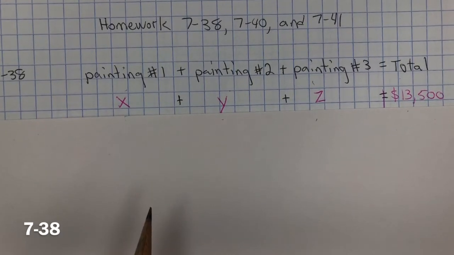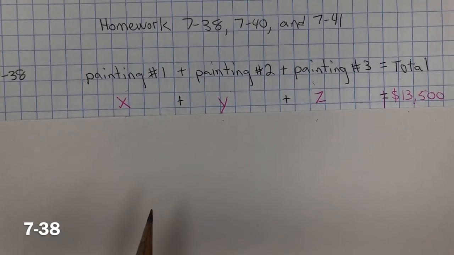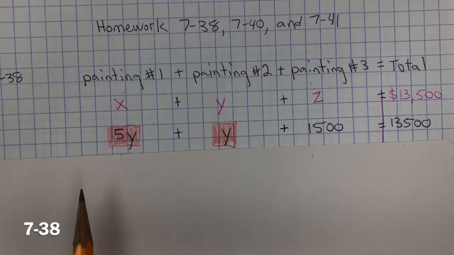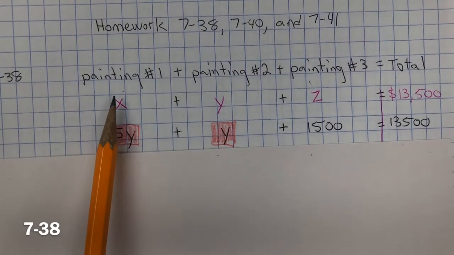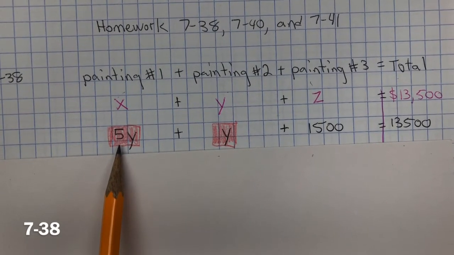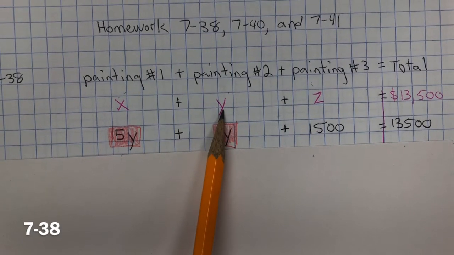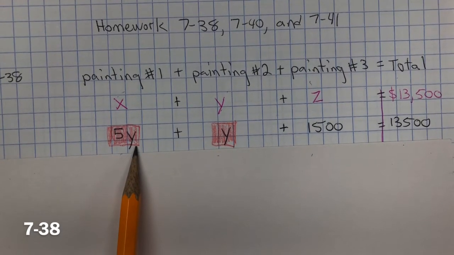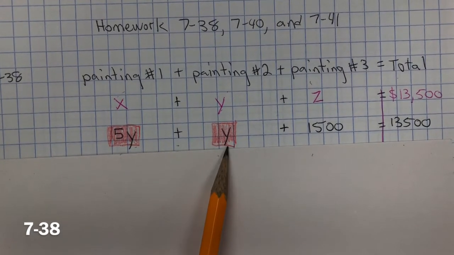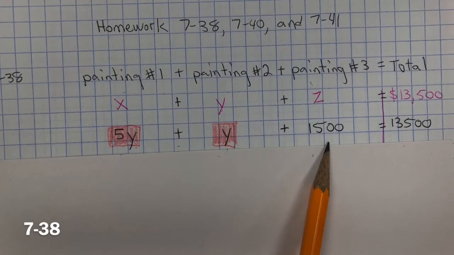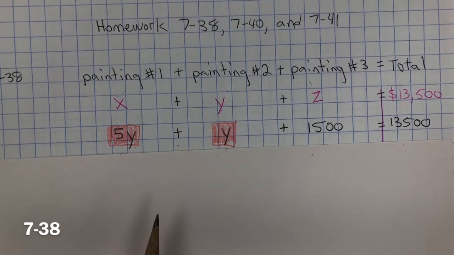And we know that one painting was sold for 5 times the amount of the second. So if we say painting number 1 was sold 5 times the amount of the second one, which is Y, it's 5 times Y, plus Y, and then the third painting sold for 1,500 equals the total.